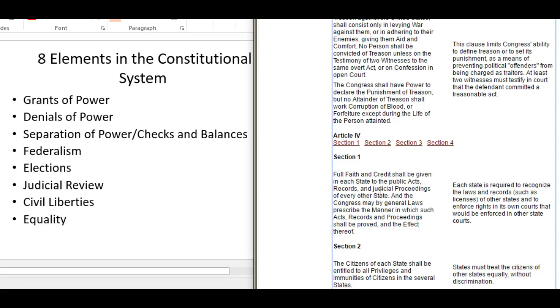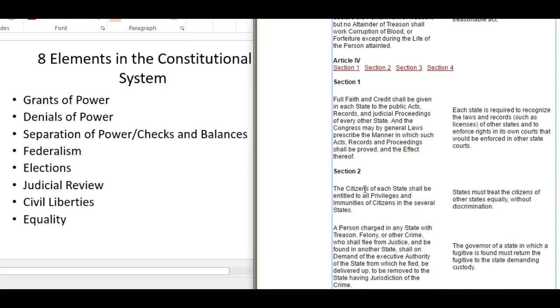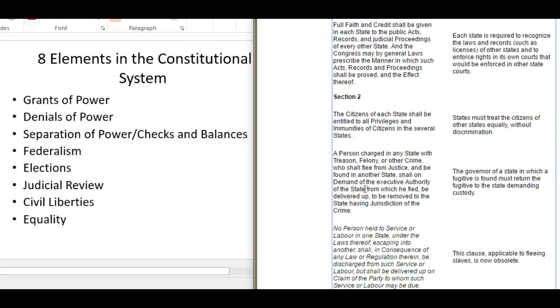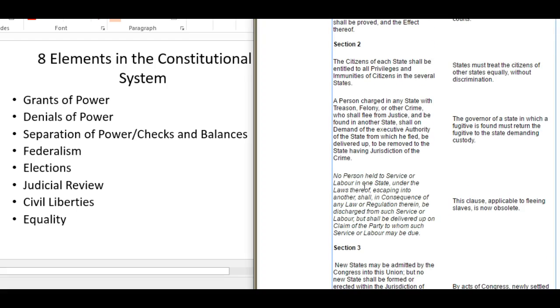Article 4 is kind of a catch-all article. Full faith and credit clause is found there. There's something in there for dealing with fugitive slaves. In this version, things that are italicized were taken out later. Okay, so Article 4.